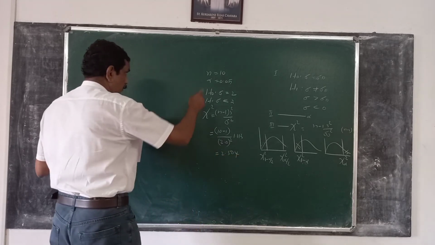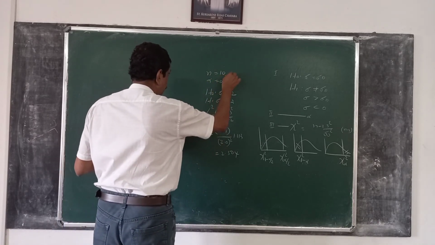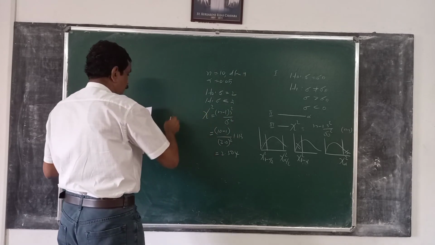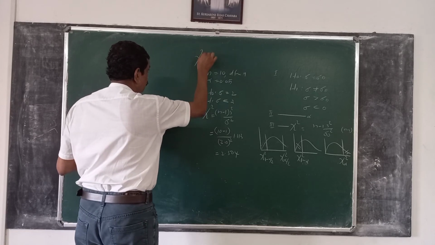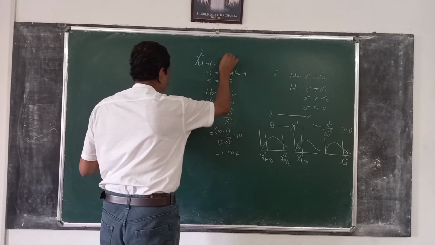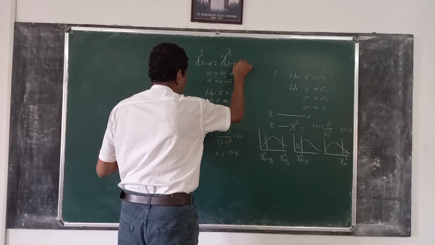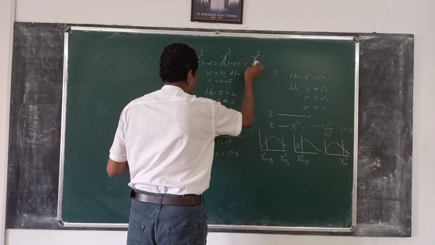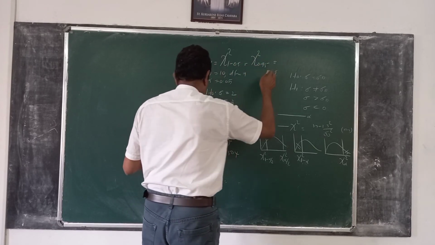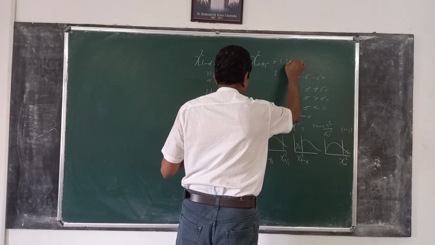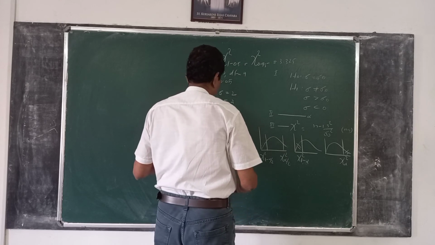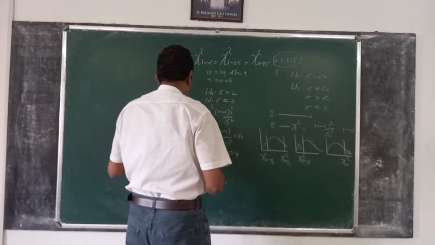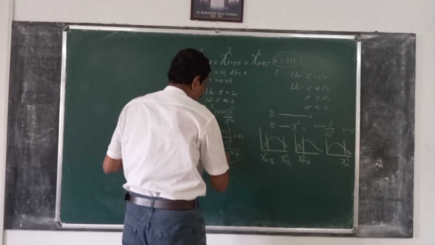Now for n is equal to 10 and degrees of freedom equal to 9, chi-square 1 minus alpha is equal to chi-square 0.95 is equal to 3.325. So the critical value is 3.325.